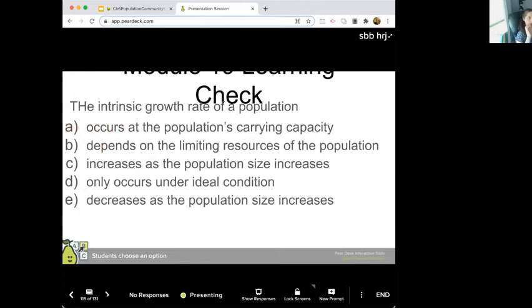All right, what is intrinsic growth rate? This is part of your virtual lab learnings from last week on that population ecology lab, learning about intrinsic growth rates. What are those?